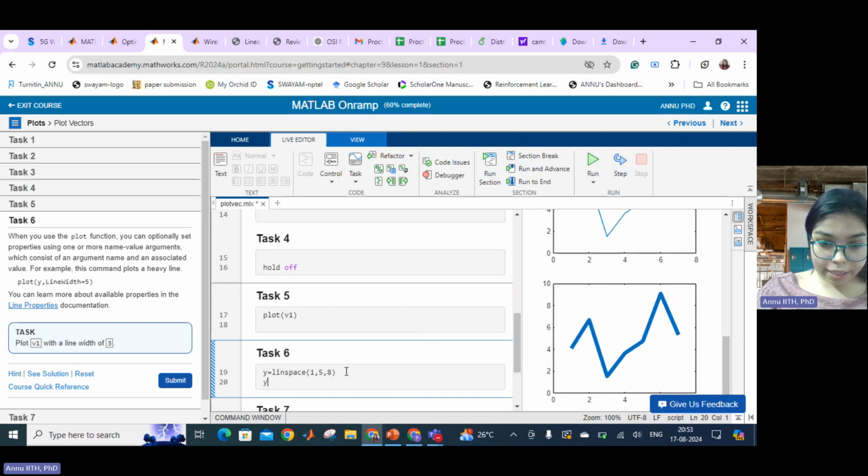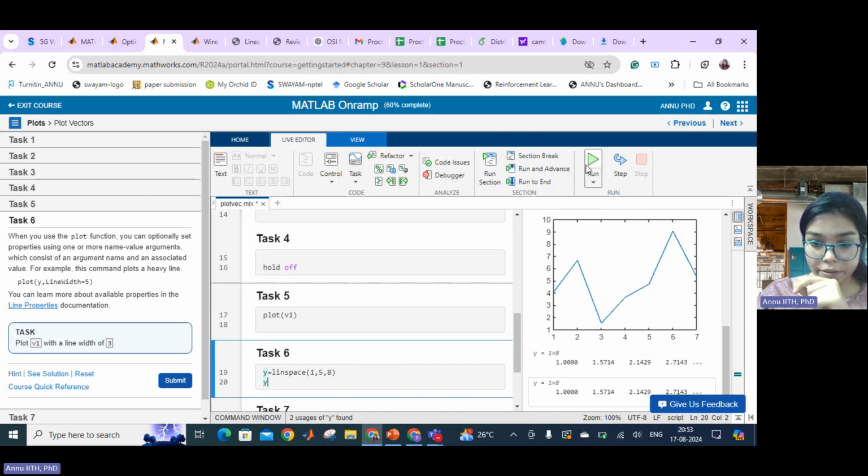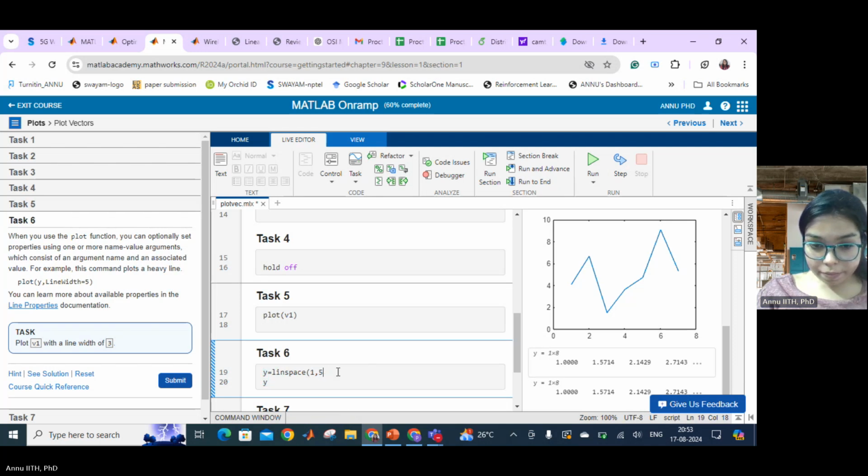Let's print it first. Linspace actually gives an array from 1 to 5 consisting of 8 values. So y is 1 by 8 consisting of values from 1 to 5.